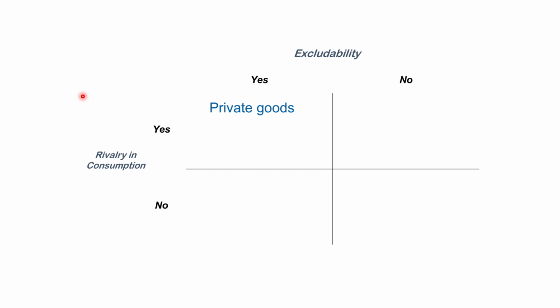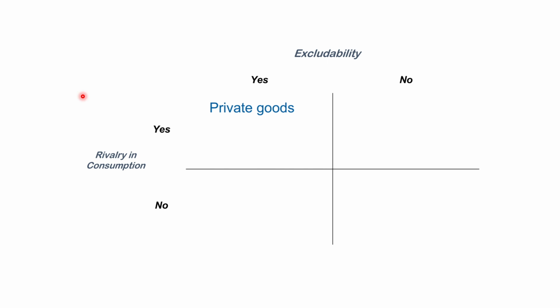Most consumer goods that you buy in the market are private goods. For example, your cell phone is a private good. Why is it a private good? Well, because one, it is relatively easy to prevent people from just taking cell phones from the store. Sure, some people do manage to steal it, but overall, if you want a cell phone, you have to buy it.